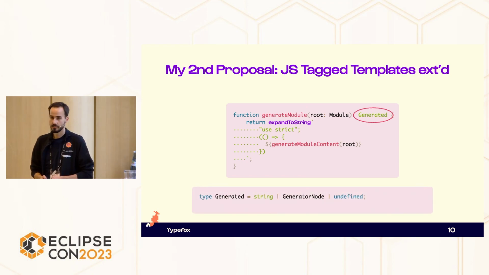In the simplest case, it's just again a string. Or it can be something composable, something that is an object, something that can be annotated, and let us call this a generator node. And ultimately, it can just be undefined, and the undefined may denote the nothing I was referring to earlier.